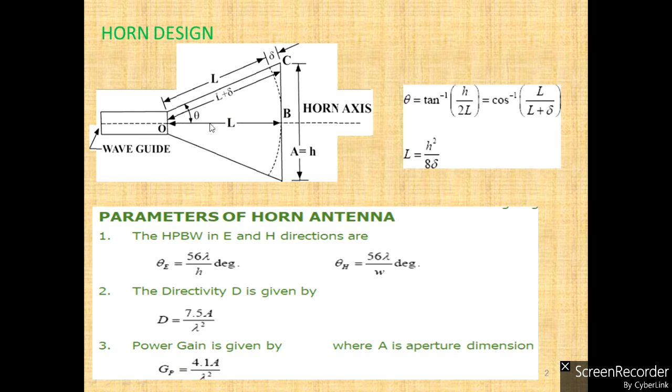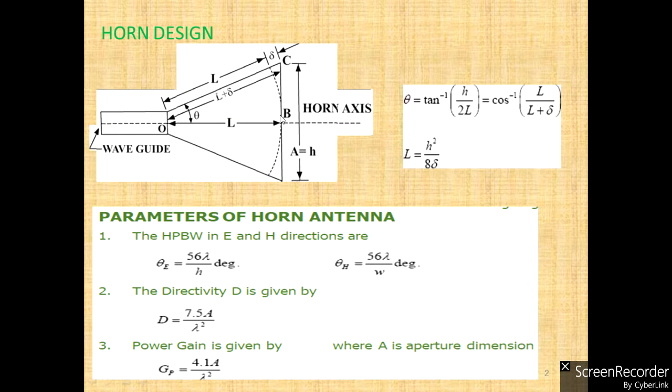Consider this is the axis of the waveguide which has been extended, and this is your horn axis. We can see this point at the last end of the waveguide as O, and the other end of the horn is B. So OB, and the top of the horn antenna we have point C.